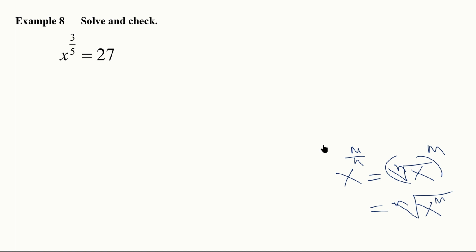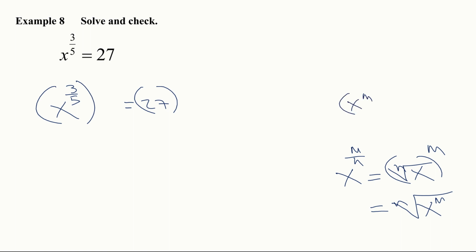So now here we could translate that into radical form and then proceed, or we could just handle it as it is. So what we'll do is we'll say, look, we're trying to raise both sides to a given power, right? What power does that have to be? Well, I want to get x to the power of 1, and I know the power rule tells me that if I have x to the m to the n, I need to multiply those two exponents, right?